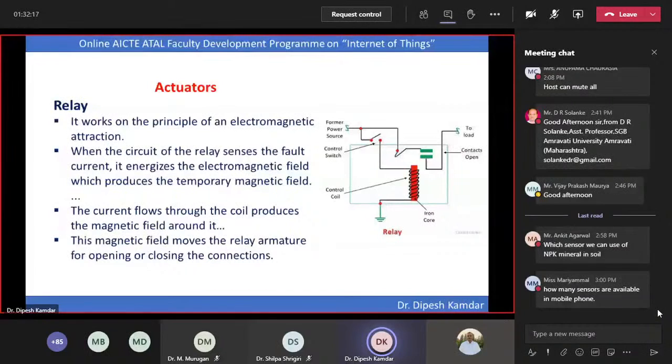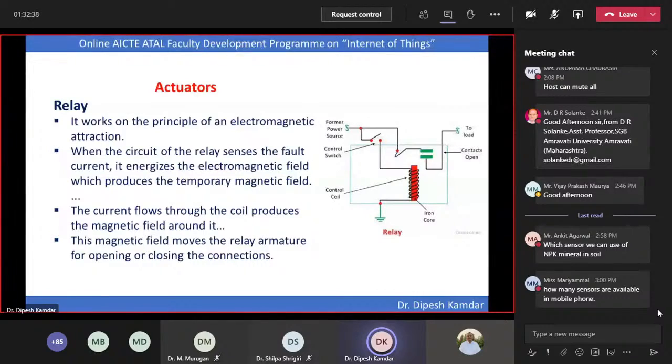Its basic working principle is electromagnetic attraction. On the right-hand side diagram, you can see there is a coil mounted on an iron core bar. When current passes through it, it gets energized and generates a magnetic field.